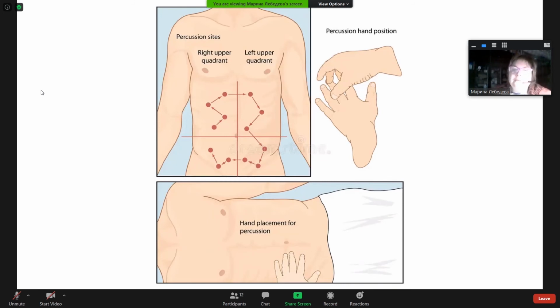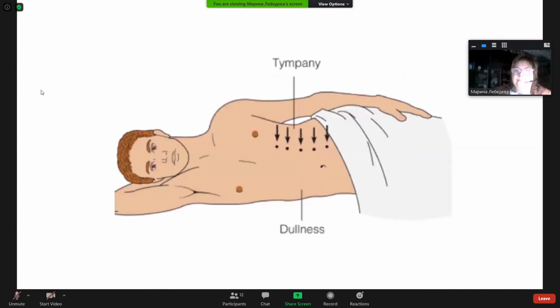I recommend you to revise the percussion steps one by one of abdomen and the zones of tympany and dullness in case of ascites.